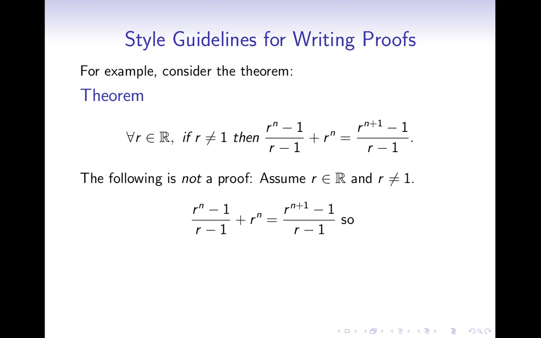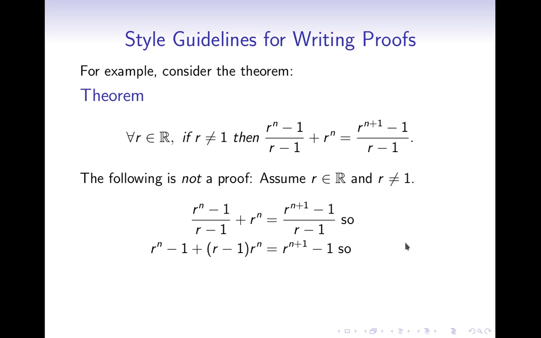To simplify an equation, you clear it of fractions. If you multiply by r minus 1, on the left-hand side, for the first term, the r minus 1's cancel, and for the second term, without doing any simplifying, you get quantity r minus 1 times r to the n. And on the right-hand side, the r minus 1's cancel.